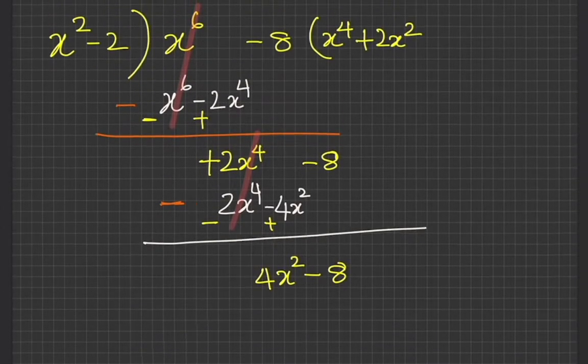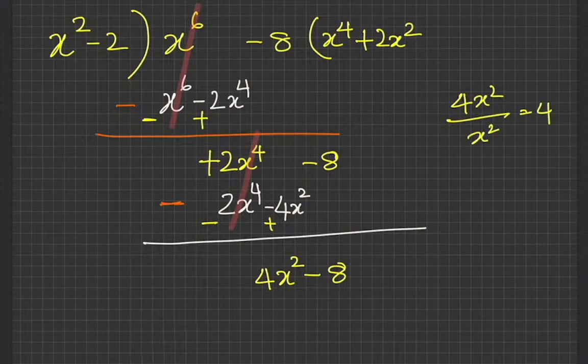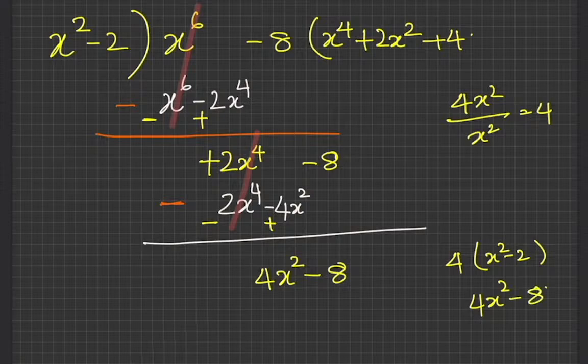Now I have to divide 4x to the power 2 by x squared. So I get 4. So plus 4. Now I've got 4, I'm going to multiply x to the power 2 minus 2. So what is it that I get? 4x squared minus 8.